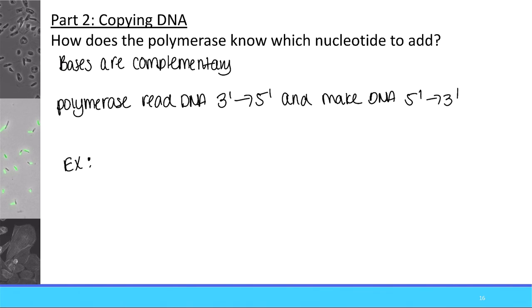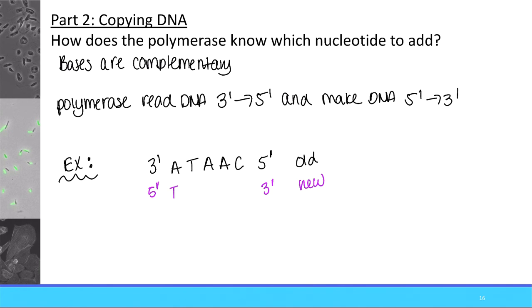So let's write an example. Let's do 3' to 5': A, T, A, C. This will be our old DNA. Because we know what the old strand is, we can figure out what the new strand will be. We're going to have 5' to 3' because DNA is anti-parallel and complementary.